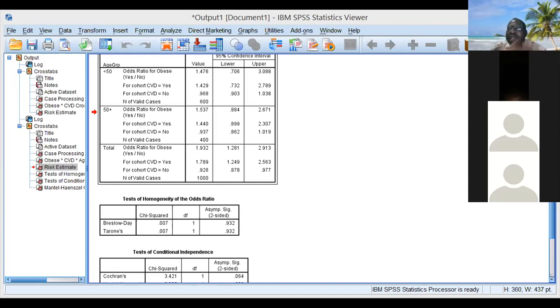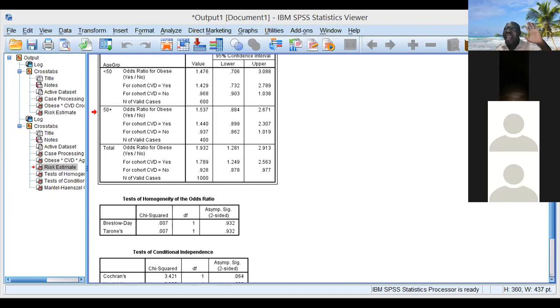The values we are seeing are 1.48 and 1.54. Are they the same or different? The Breslow-Day test is the one helping us to know if they are different, if there's homogeneity. We have already seen that there's no significant difference in the two, because look at the p-value, 0.93.